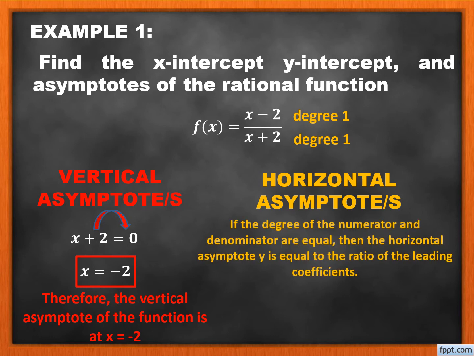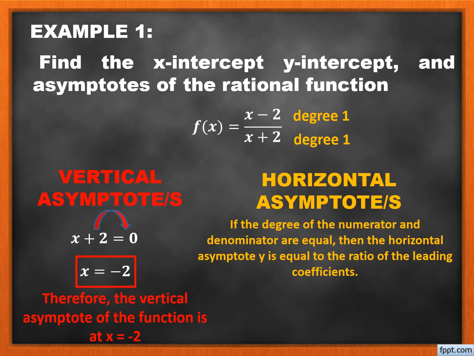So, if the degree of the numerator and the denominator are equal, so in this case, they are both 1, then the horizontal asymptote y is equal to the ratio of the leading coefficients. When I say leading coefficients, these are the numbers na katabi ng pinakamataas na exponent. So in this case, we have x as the variable na pinakamataas na exponent, which is 1. So ang katabi niya dito, though wala tayong nakikitang number, it is automatically equal to 1.